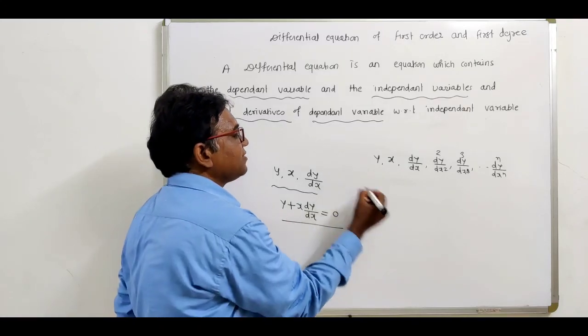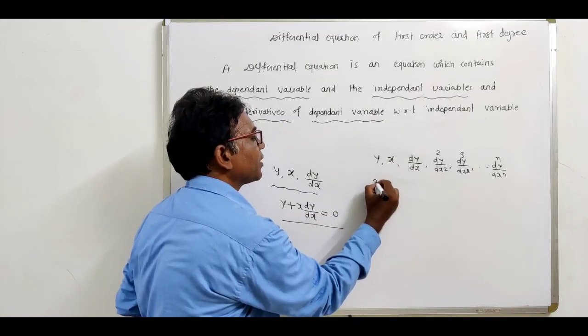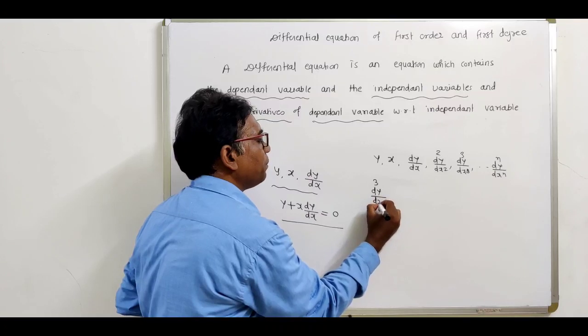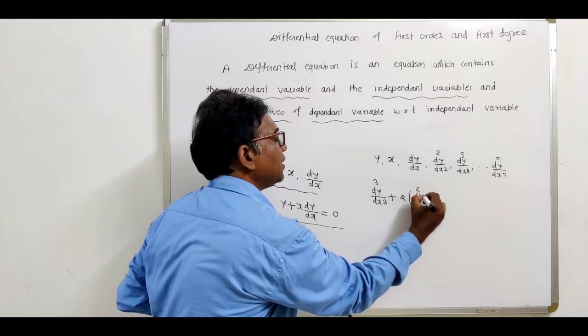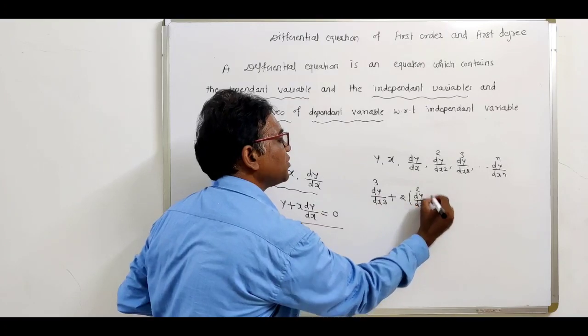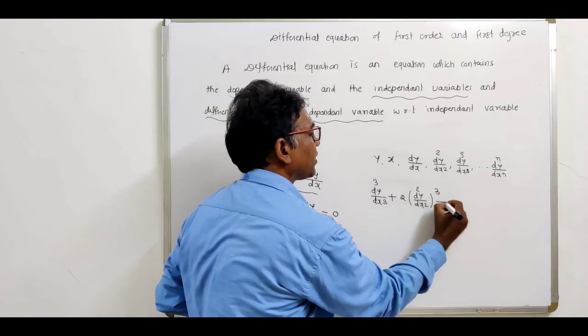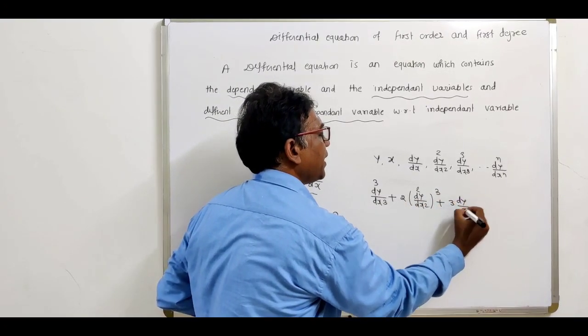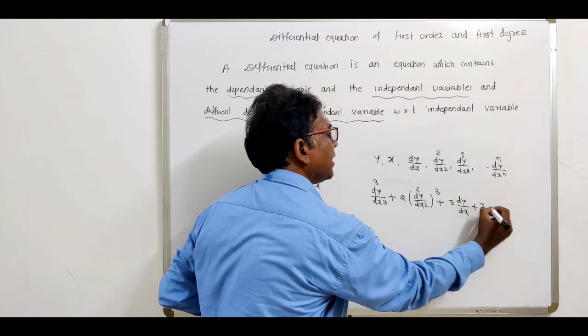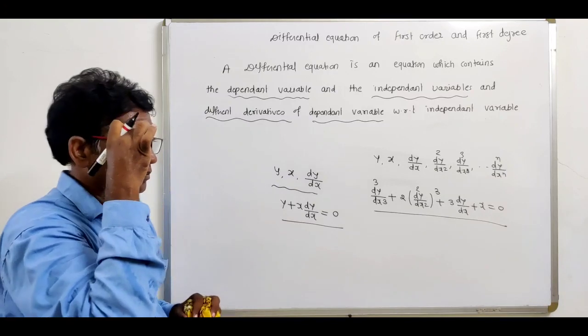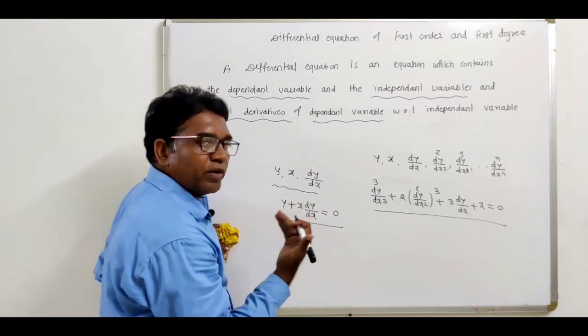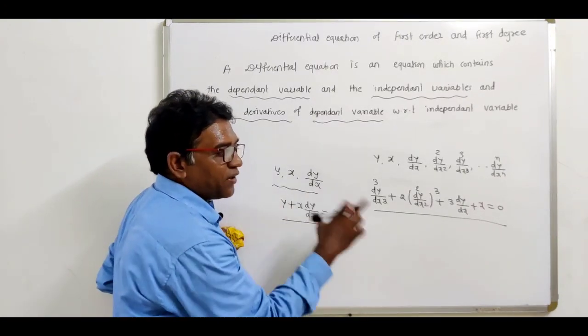We can take an example like this: d cube y by dx cube plus 2 into (d square y by dx square) whole cube plus 3 dy by dx plus x equal to 0. This is again a differential equation.